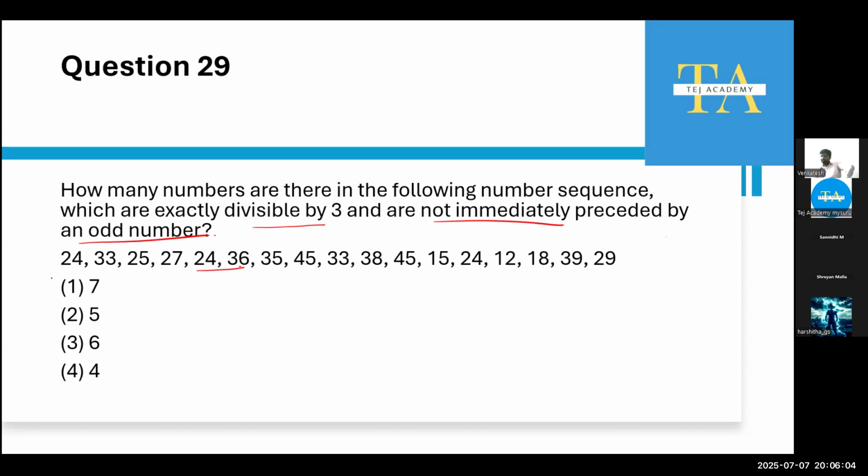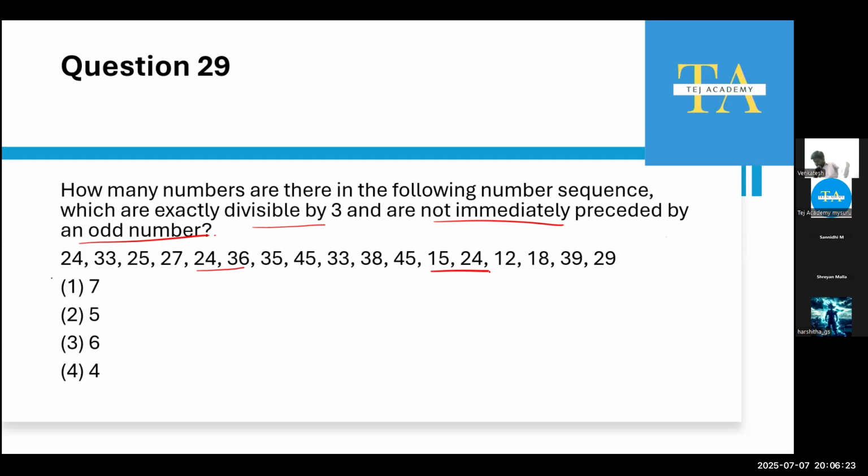So eliminate. Next, 38, 45. 38 is not divisible by 3. Next, 15 and 24. 15 is divisible by 3 and the preceding number is not an odd number. It is an even number.